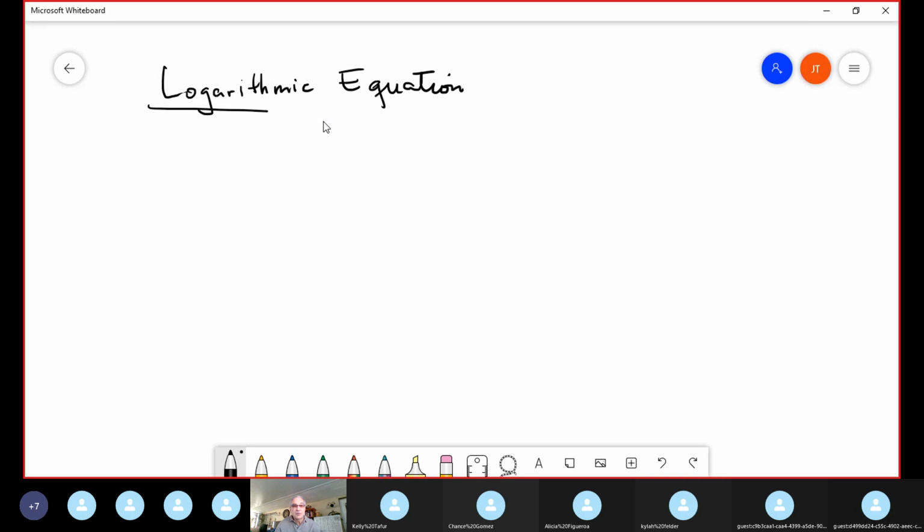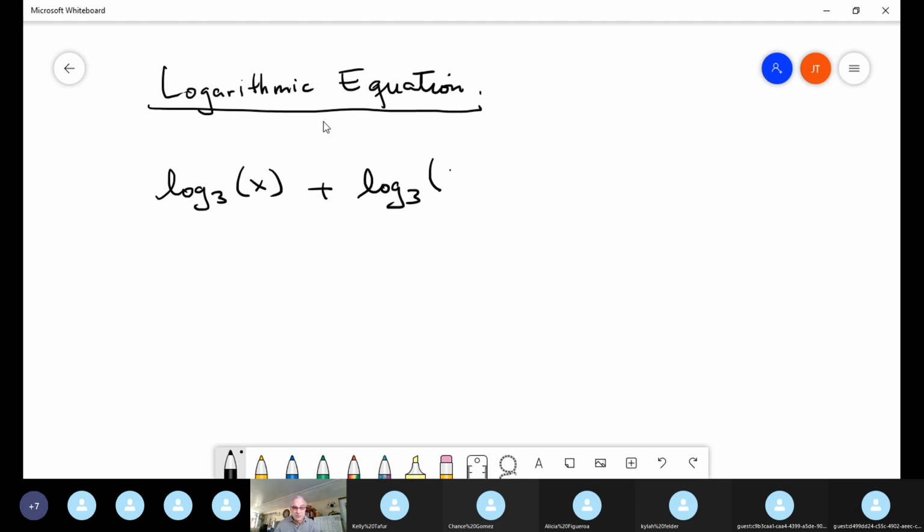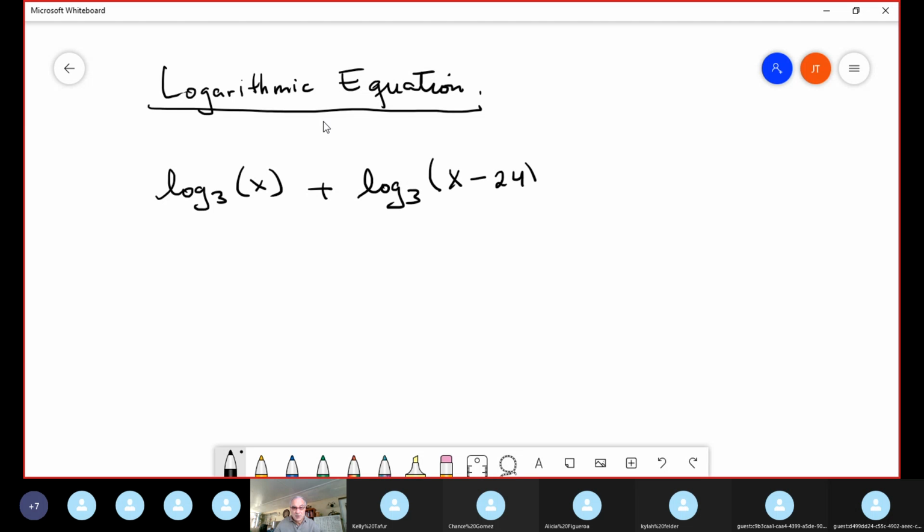It is an equation that contains a logarithm. Okay, let me start with the first one. And the procedure is always the same. Logarithm base 3 of x plus logarithm base 3 of x minus 24 equals 4. Okay, copy that. This is my example 1.